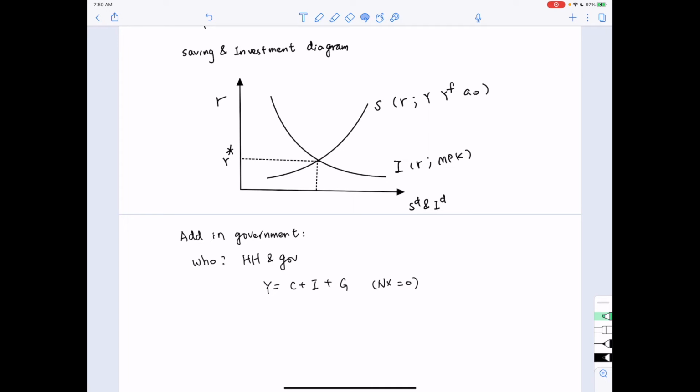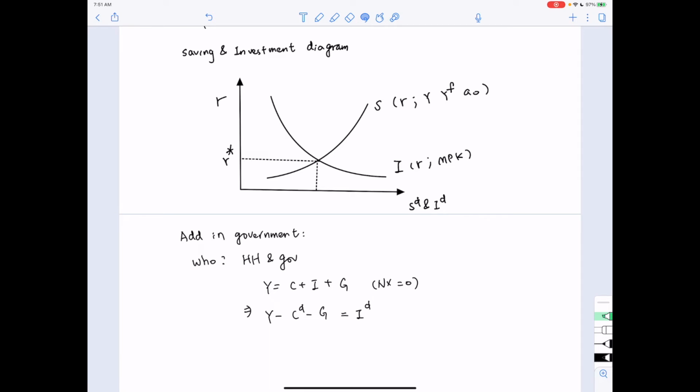When we rearrange the equation, we get that total national income minus the desired consumption minus the government expenditure equals the desired investment.